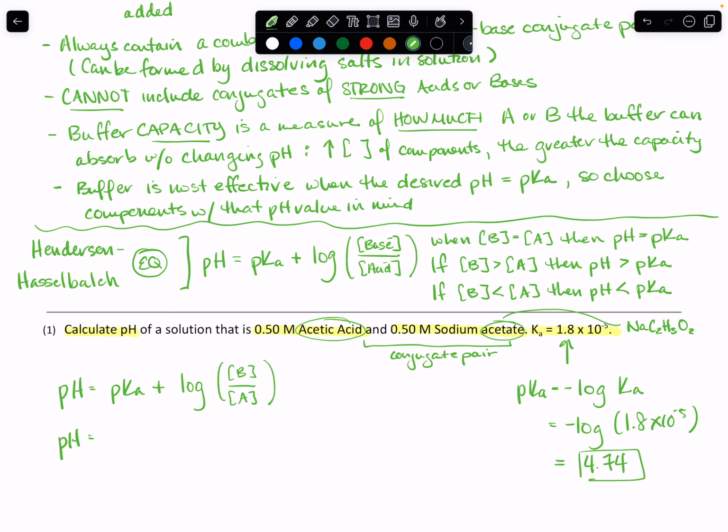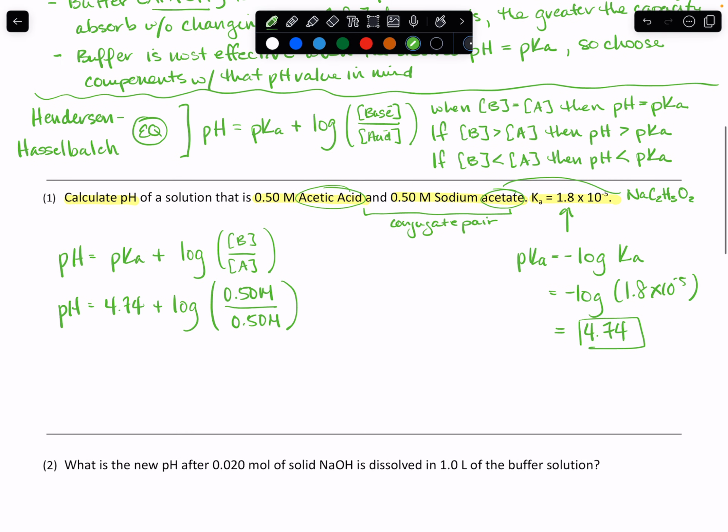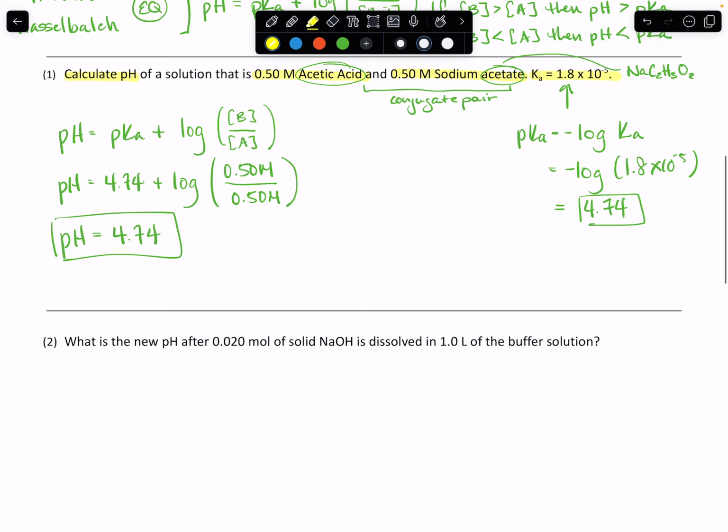So pH is equal to 4.74 for my pKa, plus log of 0.5 molar for that acetate over 0.5 molar for my acid. I'm going to get a 1, and the log of 1 is going to be 0, so this is a case where the pH equals the pKa.